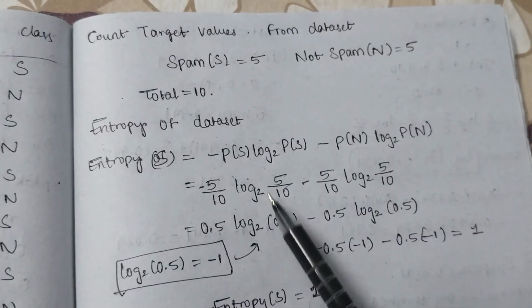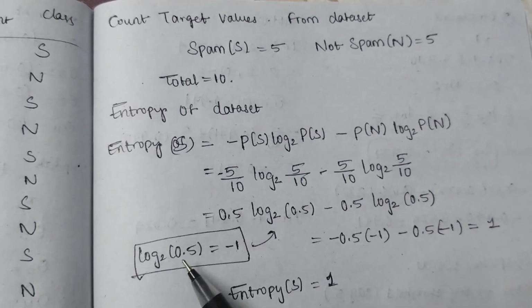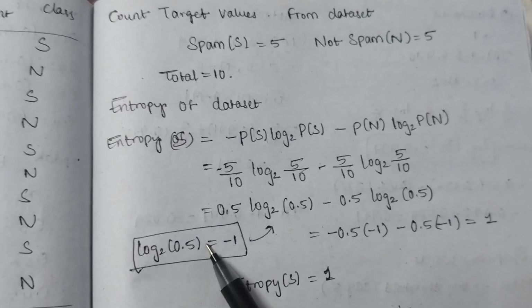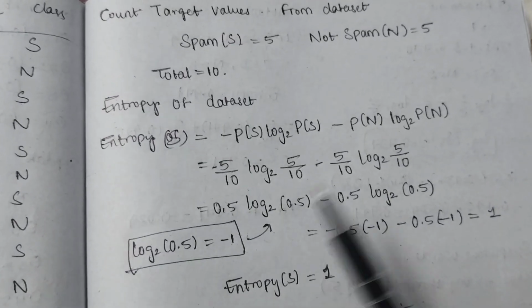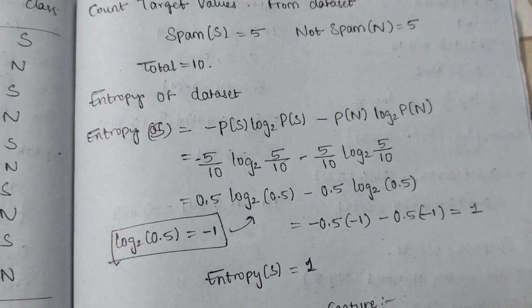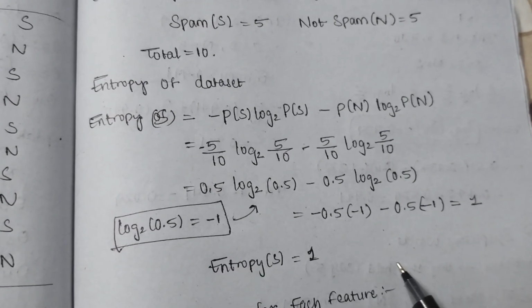We substitute the values inside the formula and get the entropy. Here log 0.5 to the base 2 is minus 1. We got entropy as 1. This means the data set is completely mixed.